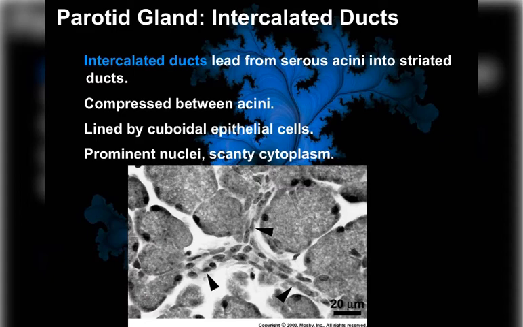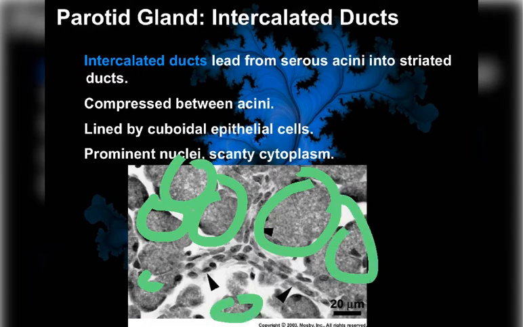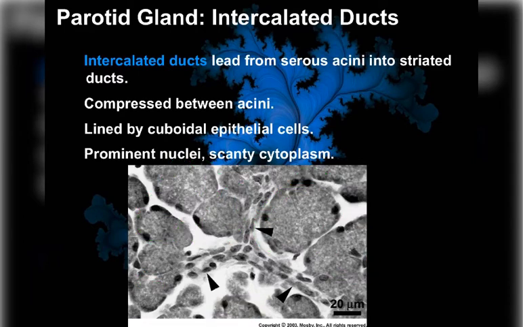So the general appearance of these ducts is dark because the majority of each cell is nucleus, and they appear compressed between the secretory end pieces. This is secretory end piece, secretory end piece, secretory end piece. All of these are serous acini in this case. And here we have the intercalated duct.